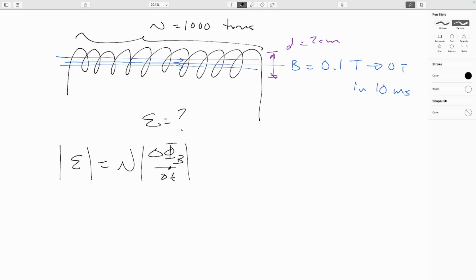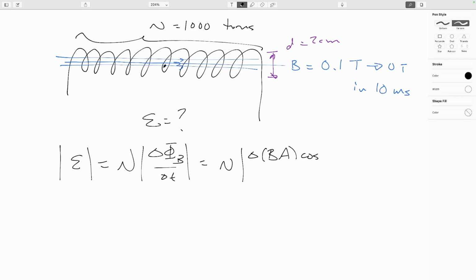So for our purposes, it'll be fine just to work in magnitude. All right, so this will be the time rate of change of the B times A times the cosine of the angle.